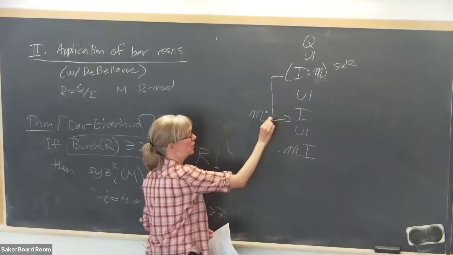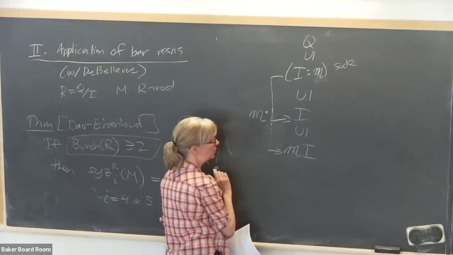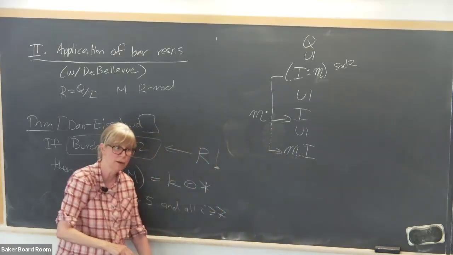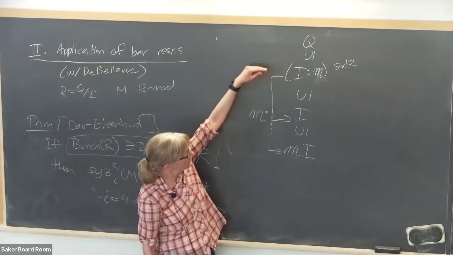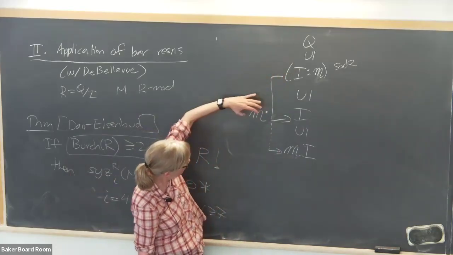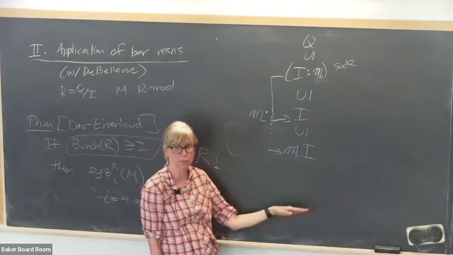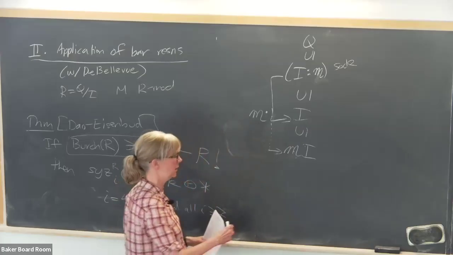Okay, because it's a socle element. But sometimes you land deeper in I, you don't get a minimal generator. And what the Birch index is measuring is how many minimal generators of the maximal ideal multiply you to generators and don't multiply you further, which is related to some other things as well.